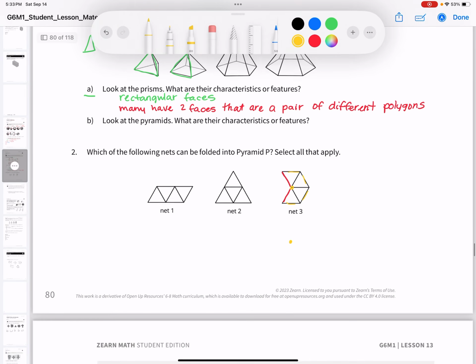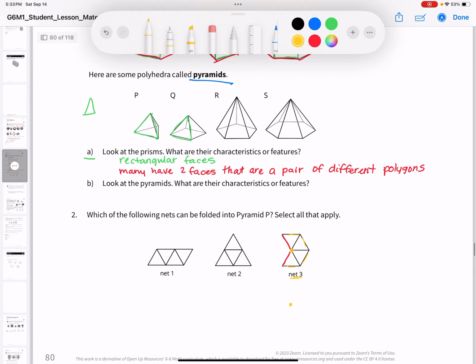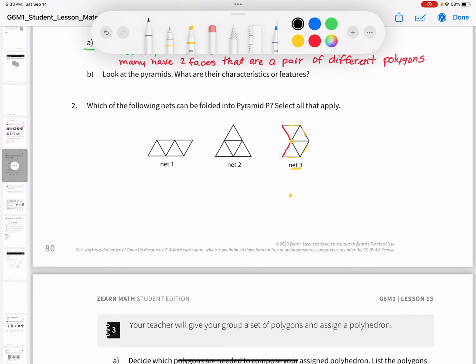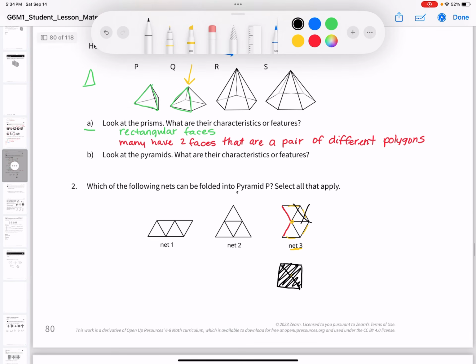So that one, net 3, should look like pyramid Q. But it's not going to because it's going to look like this, but it's missing a bottom. So this is not going to work. It would end up looking like pyramid Q, but it's supposed to be pyramid P.